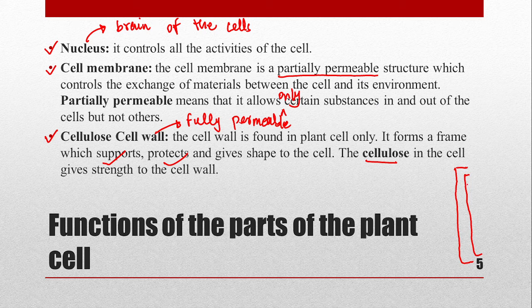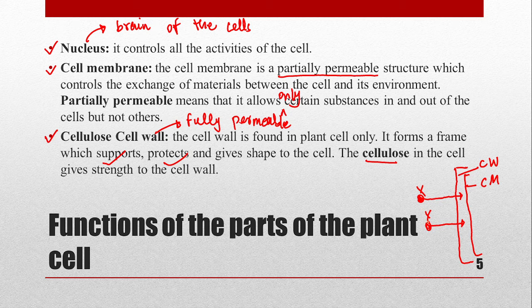So, okay, we were here. This is our cell membrane. This is our cell wall. So we said that the cell wall allows all substances to go in. Let's say I have a particle X and I have a particle Y. The cell wall will allow X to move in and also Y to move in.